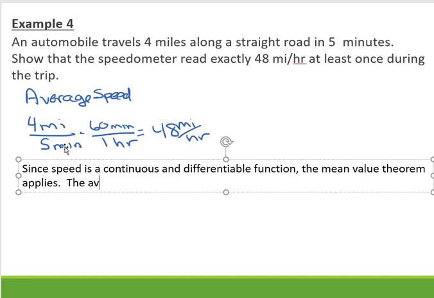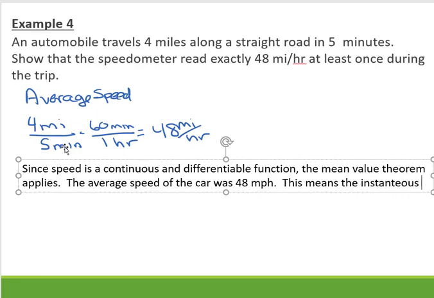This means the instantaneous speed, and yes, I spelled instantaneous wrong. I struggle with that word. Must have been 48 miles per hour at least once during the trip.